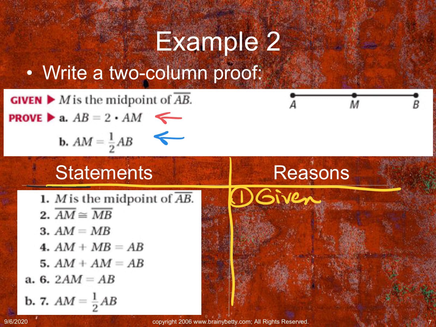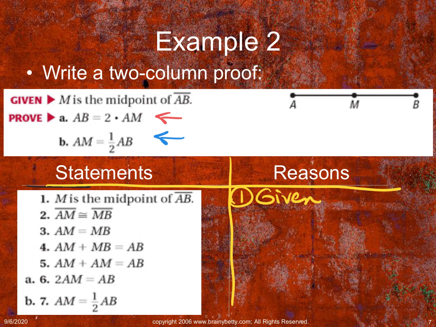However, on a test, maybe one version, your question might be to prove AB is equal to 2 times AM. On another version, it may be AM is equal to half of AB. So it may be a different proof based on your version of the test, but I will never ask you to prove two different things within the same question. So let's go ahead and see what they've done.